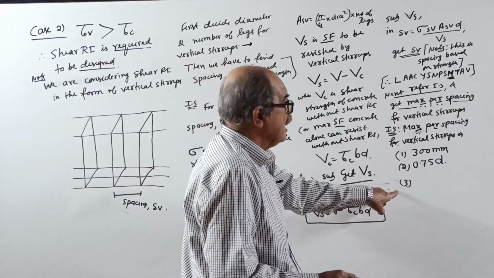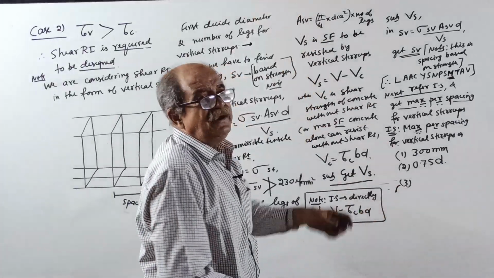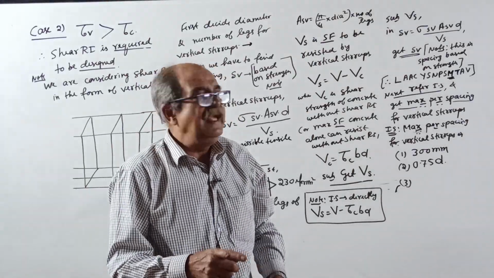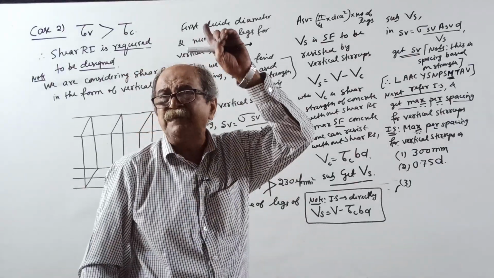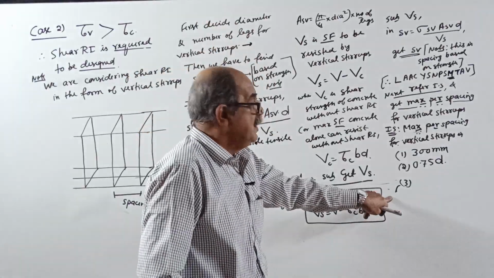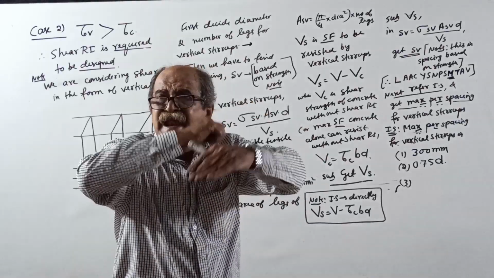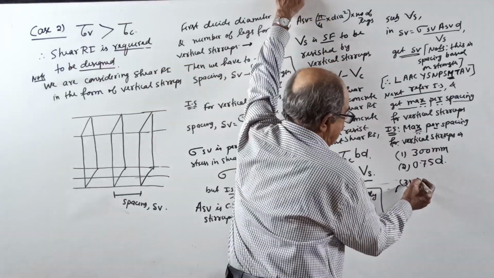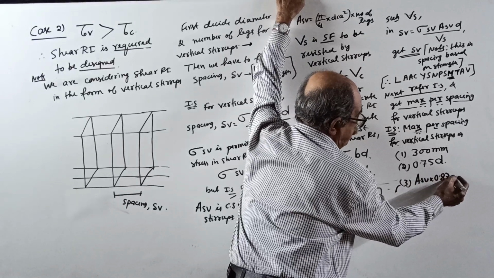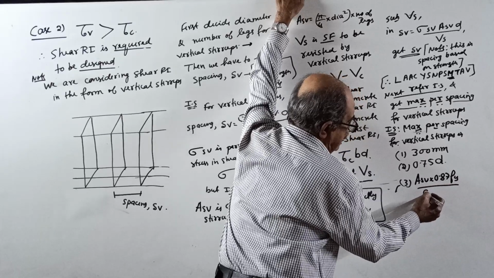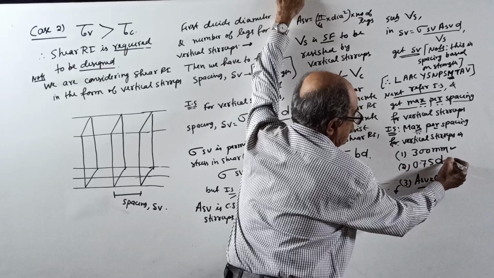Okay, now, there is one more provision. Remember, the last provision is not always applicable. Search the IS code, some other page, for minimum shear reinforcement. If you interchange it, the spacing will become Asv into 0.87 fy divided by 0.4b. But remember, they told these two are compulsory.